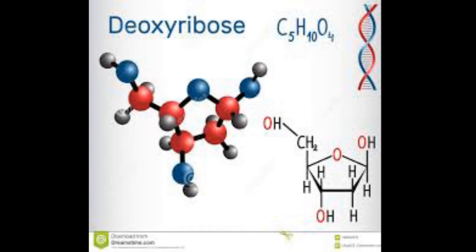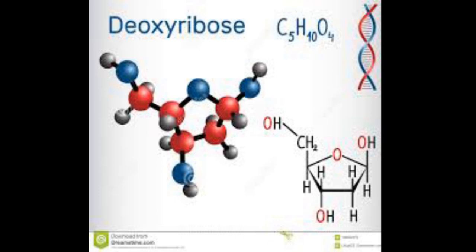Now the next component is deoxyribose. Deoxyribose is an important component, as the name of DNA, deoxyribose nucleic acid, comes from this sugar. So deoxyribose is a ribose sugar having 5 carbons, 1, 2, 3, 4 and 5.